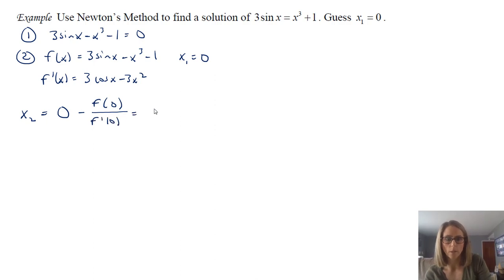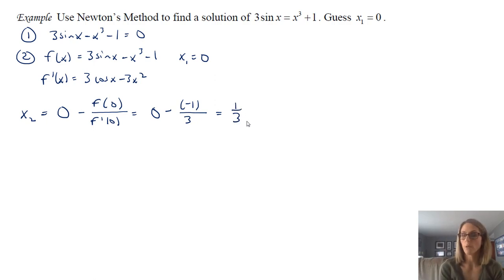So f of 0, if we put that back into the original, is going to be negative 1. And if we put 0 into our derivative, cosine of 0 is 1, and the 3x squared will be gone, so we get 3. So we get x sub 2 equals 1/3, and that would be our first iteration.